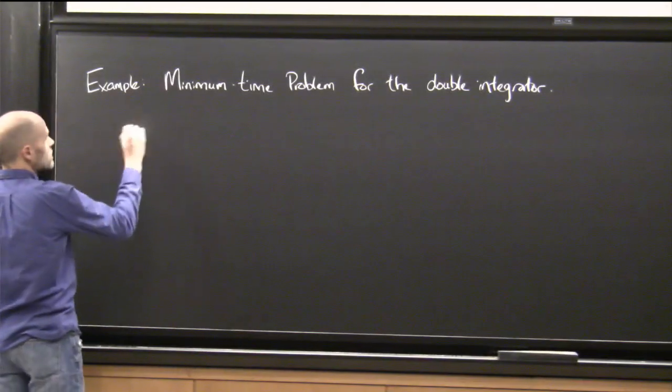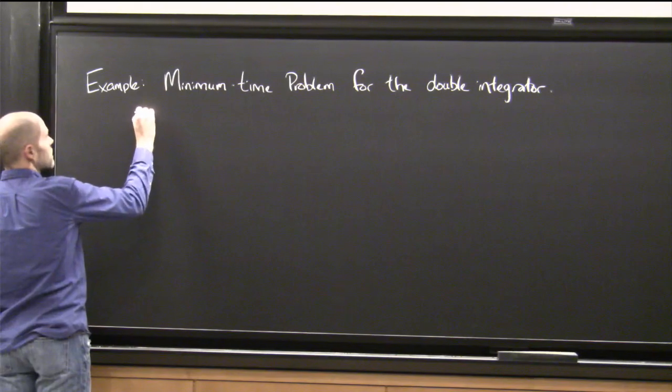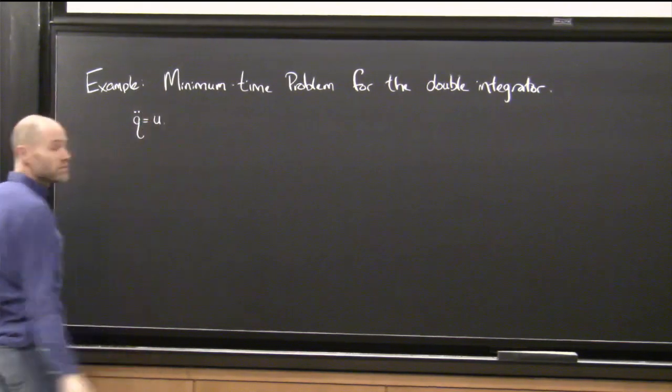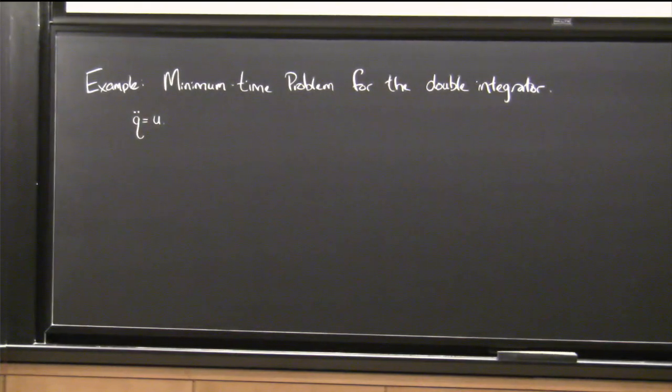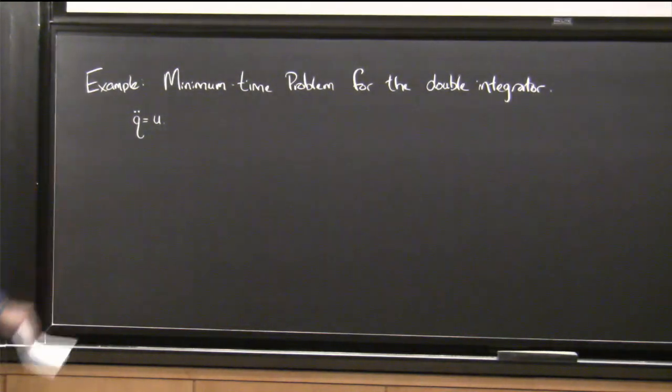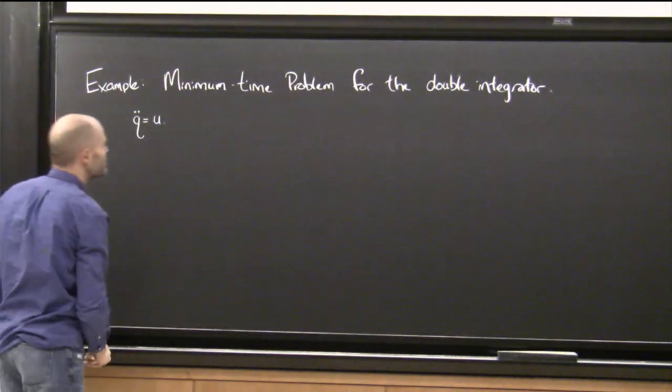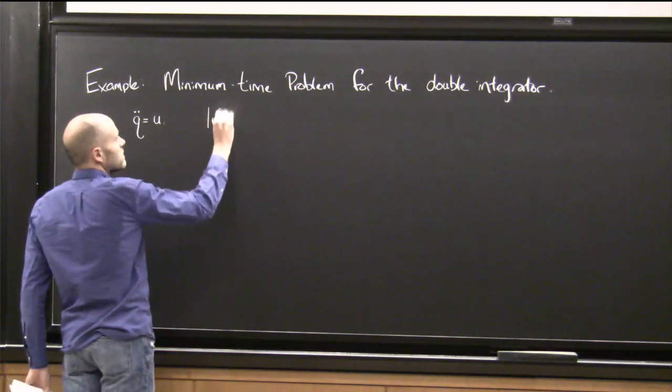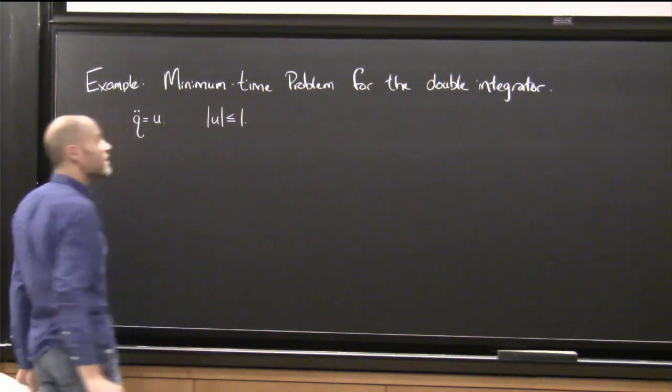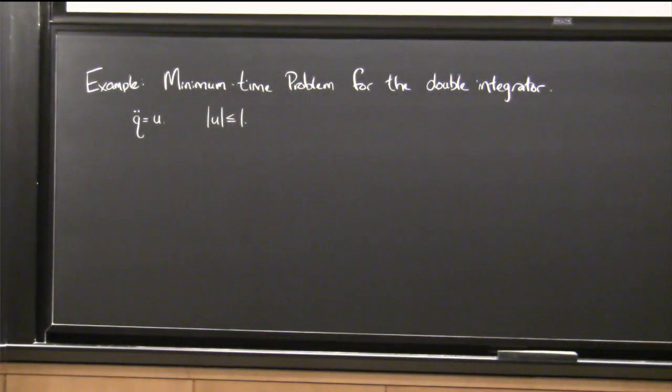Okay, so the dynamics of the system are just q double dot equals u. It's a double integrator. q will be the double integral of u. And we're going to say that it's input limited.